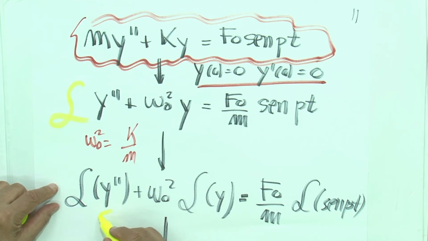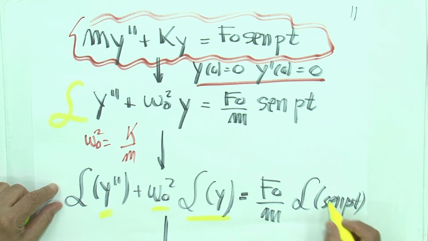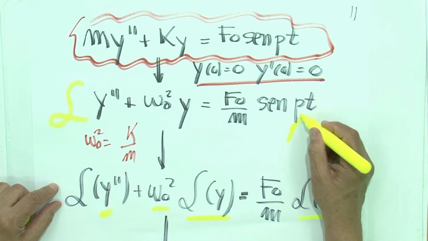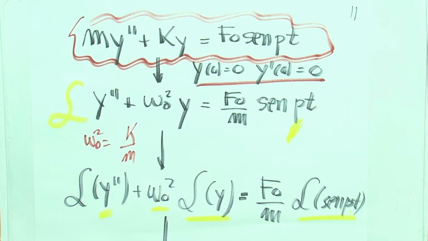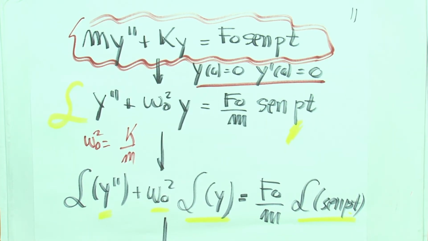You end with the Laplace of the second derivative plus omega square times the Laplace transform of the function, and this is equal to F0 over m times the Laplace transform of sine of pt. P, I put p here so as not to confuse with omega and everything.